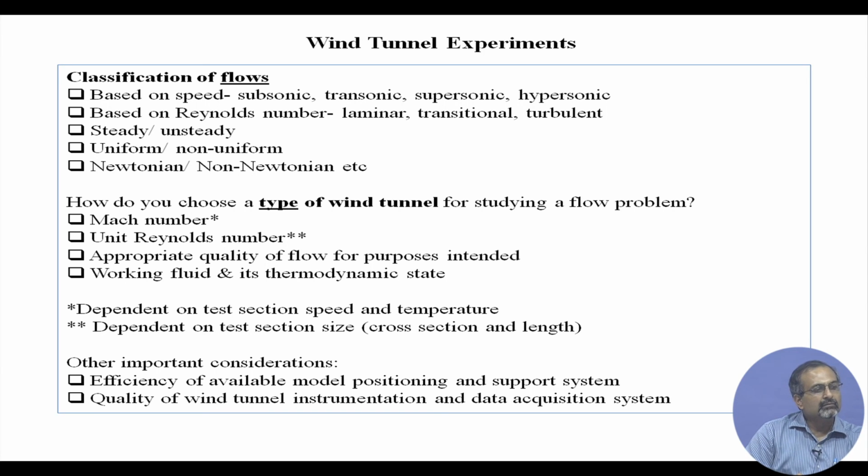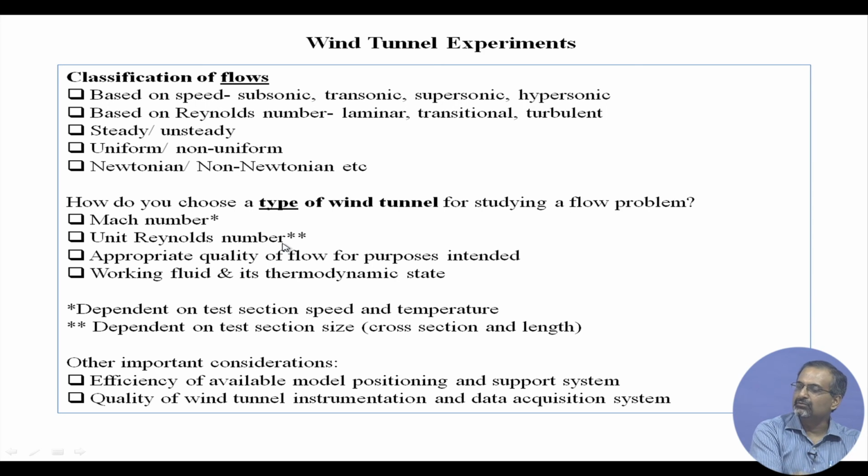If you look at the type of wind tunnel which you are interested in, it will be basically decided based on a few issues like the speed range, which we are talking about through the Mach number. Here we are talking about unit Reynolds number.